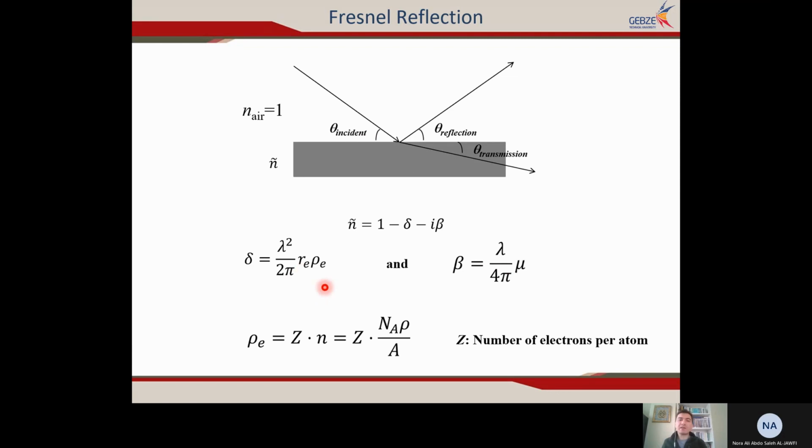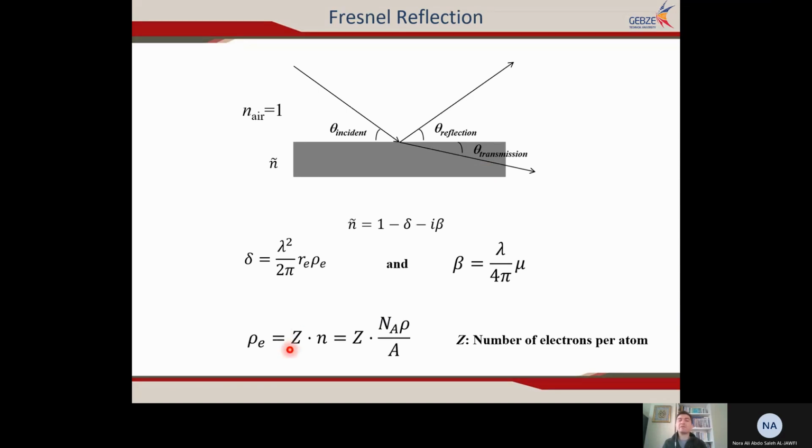So what about the electron density? You can consider it like this: how many electrons we have within this material. This electron density has this definition: Z times N. N is the number of atoms in unit volume. In a unit volume, how many atoms do we have within this material? And this Z is the number of electrons per atom.